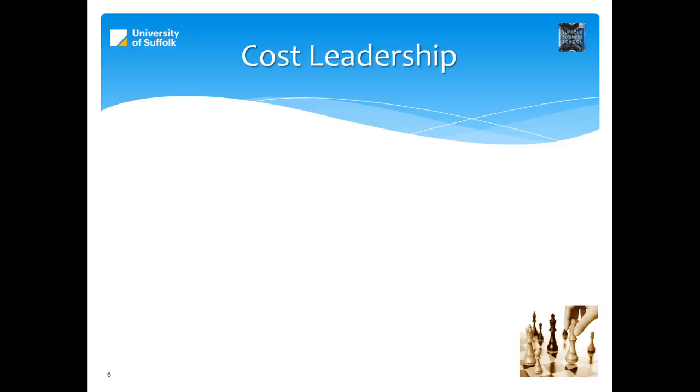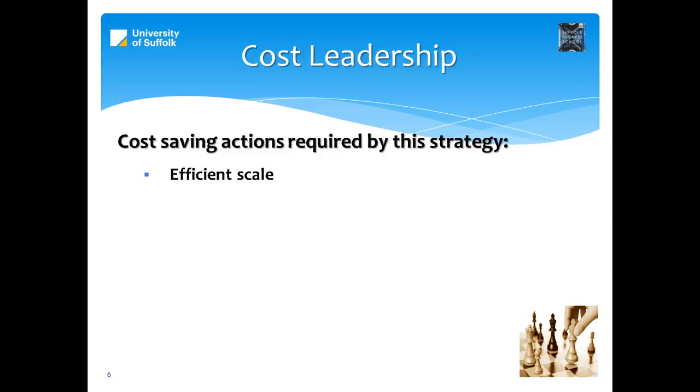So if we think about cost leadership and some of the cost saving actions required by the strategy, we might think about building efficient scale facilities. If you're going to be selling a lot of something, are you geared up to produce on that basis?